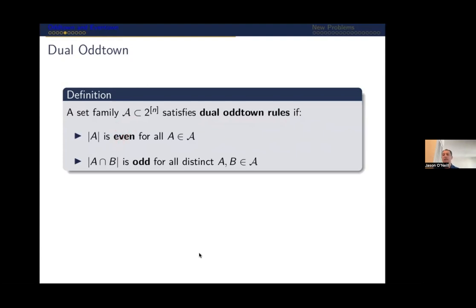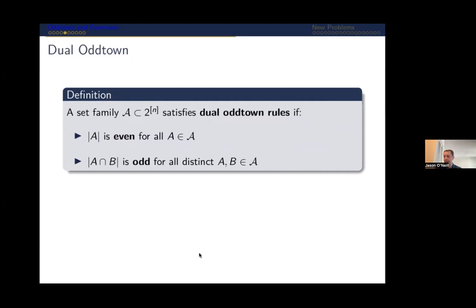And then for the sizes of the pairwise intersections, since that special element n plus 1 is in both, the pairwise intersections are going to go from odd to even. So what this does is it takes a dual oddtown family and turns it into an oddtown family. And I can do the same thing with n plus 2 and get it back into a dual oddtown family.